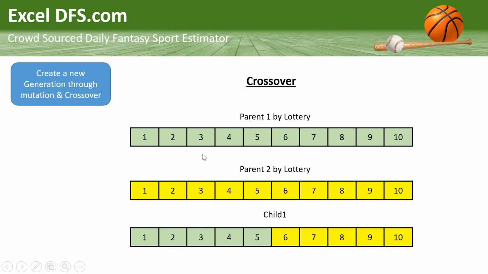But in this example, the 5 green ones come down here to the child, and parent 2 provides the balance of the chromosome, and there you have the first member of the next generation.